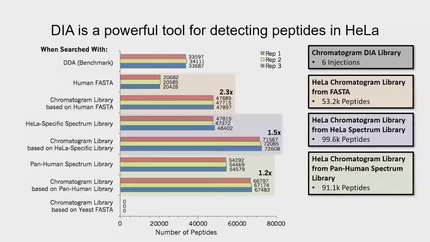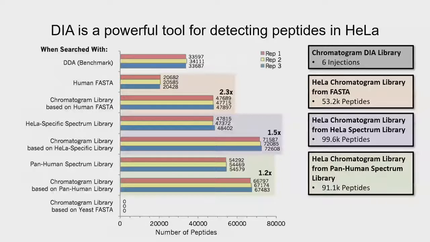If we actually take the information from the enormous HeLa spectrum library, we can find about 99,000 of those peptides in the actual chromatogram library data, these 6 injections, the narrow window data, and then about 71,000 of them we can find in our actual runs.